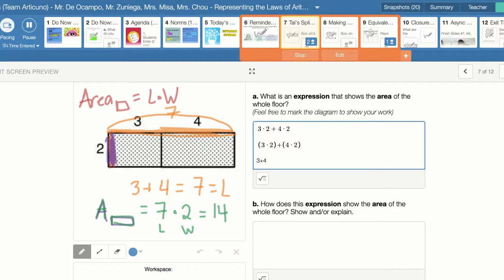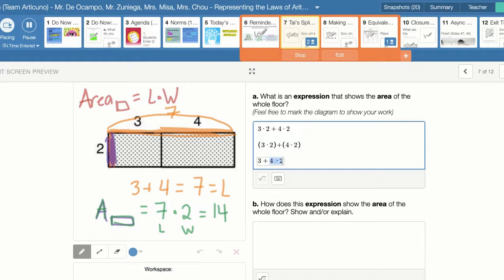Now, can I just do this? Like, is this a good enough expression? Is that okay? This is where we have to be careful. If I write it like this, remember order of operations? Order of operations is something that we just learned this week.